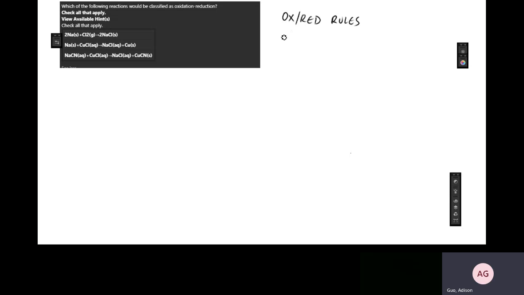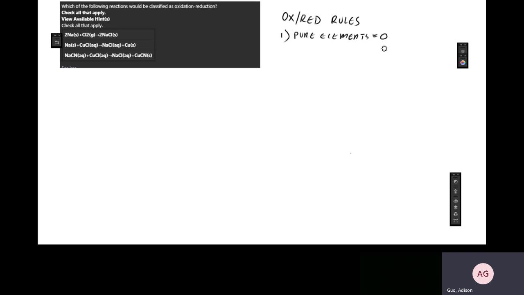All right. So when you start with oxidation reduction, you have to know the rules. We'll say the first is that pure elements equal 0.